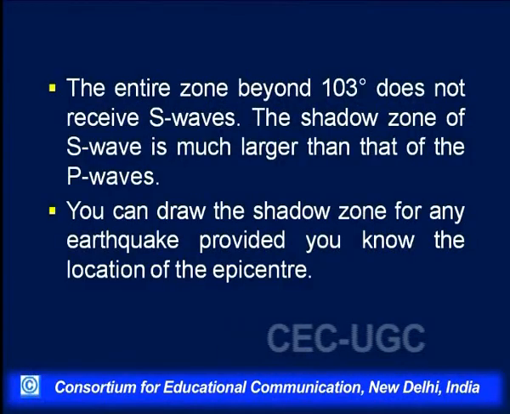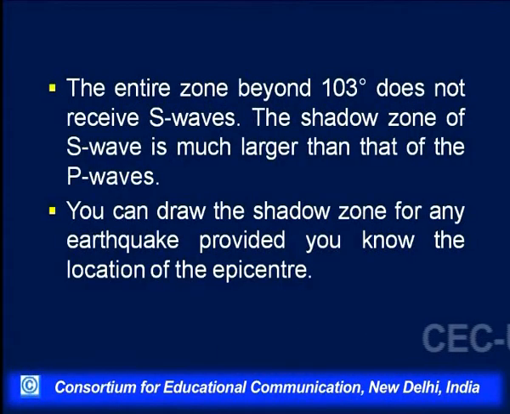The entire zone beyond 103 degrees does not receive S waves. The shadow zone of S waves is much larger than that of P waves. One can draw these shadow zones for any earthquake provided you know the location of the epicenter.